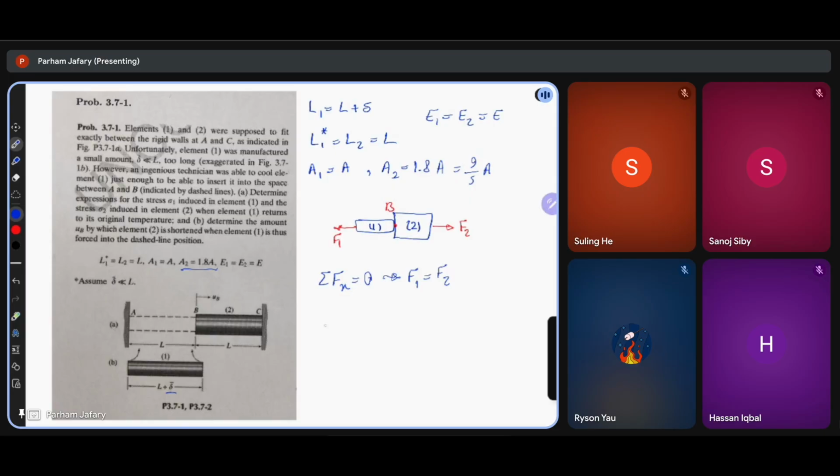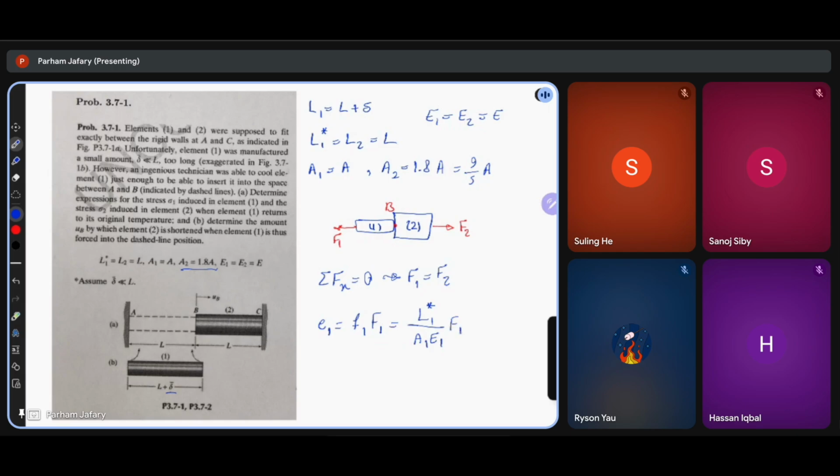Now, the elongation or deformation in element 1 is equal to F1 times its length, L1 star, divided by A1 E1.